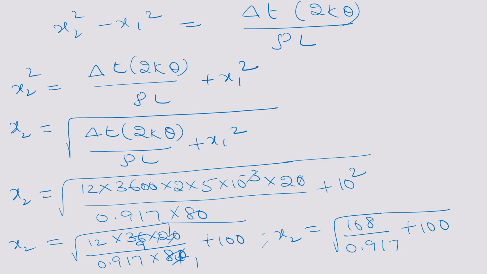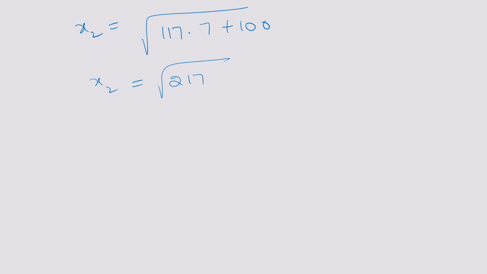Next x2 can be written as square root of 108 by 0.917, which can be written as 117.7, plus 100. So x2 is equal to square root of 217.7. The root of 217.7 gives 14.76 centimeters.